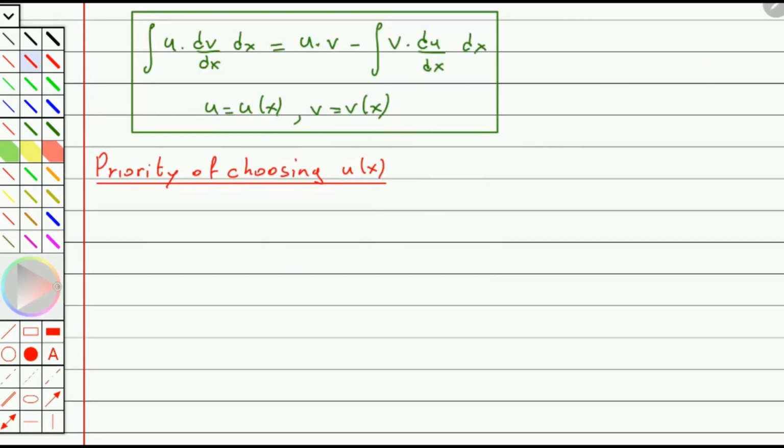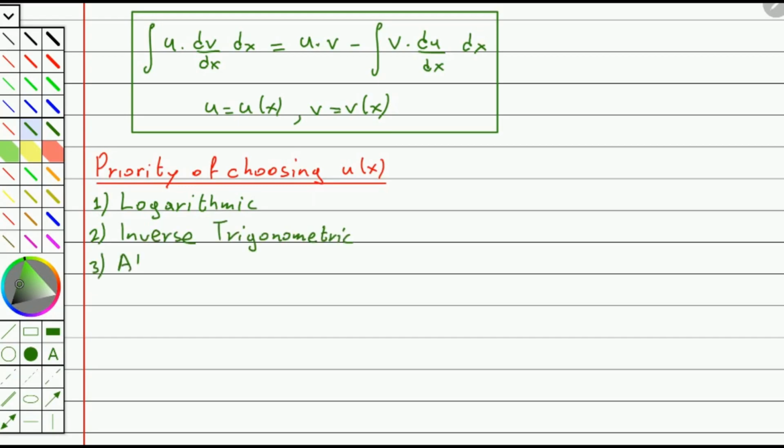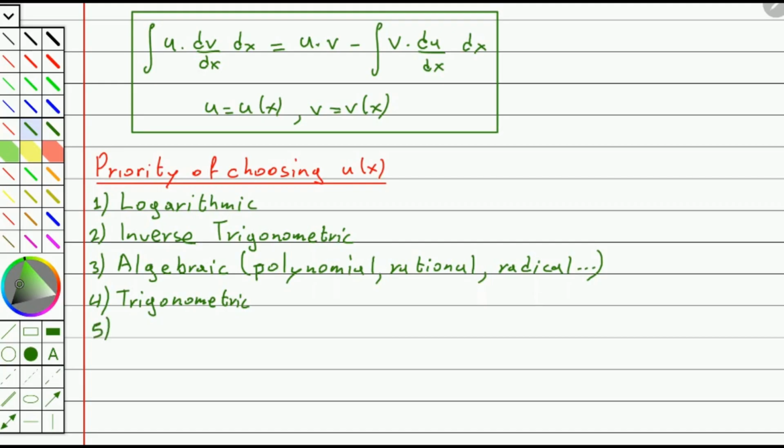This priority starts with first, logarithmic, then second, inverse trigonometric, third, algebraic, so effectively polynomial, rational, radical, and so on, fourth, trigonometric, and lastly number five, exponential.